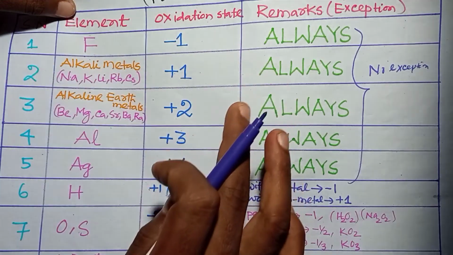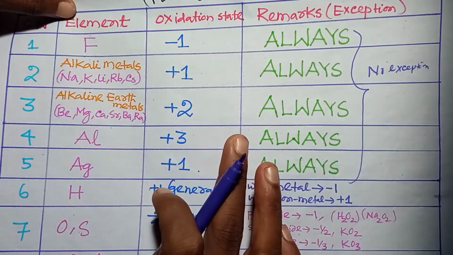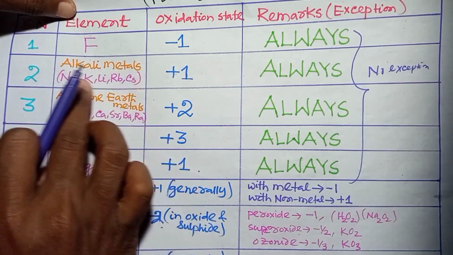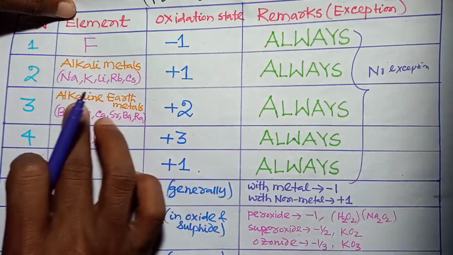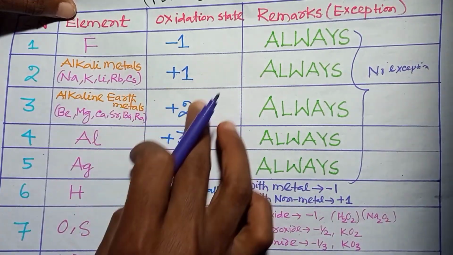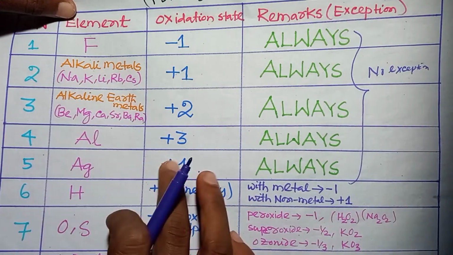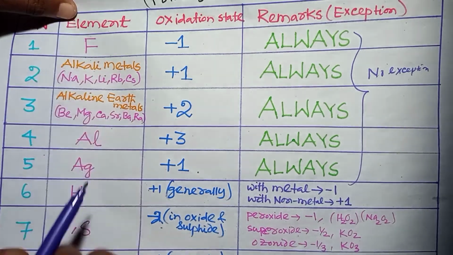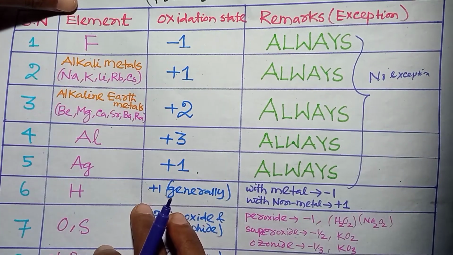If I find fluorine, then I immediately assign the oxidation state -1. Then I search for sodium, potassium; if I find these elements, then immediately I assign them +1. For alkaline earth metals I assign +2, for aluminium +3, and for Ag +1. This is the priority order.